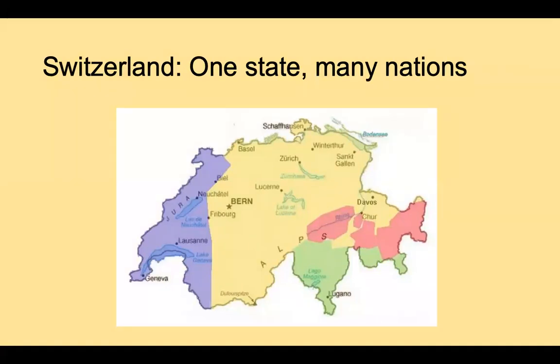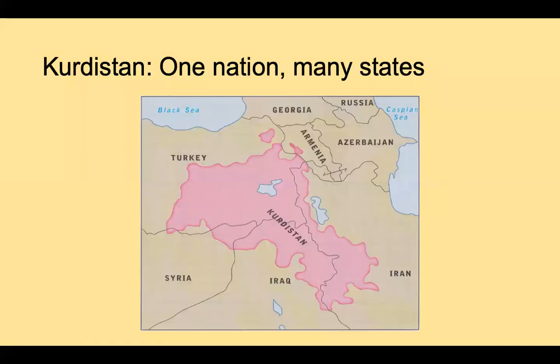This is an example of how we can have a variety of different nations or groups within a single state simultaneously. Kurdistan, on the other hand, is one nation with many states. So Kurdistan, the Kurds don't have a state of their own. This is the whole point. The Kurds are often abused and have to escape all sorts of repression because of this reality.